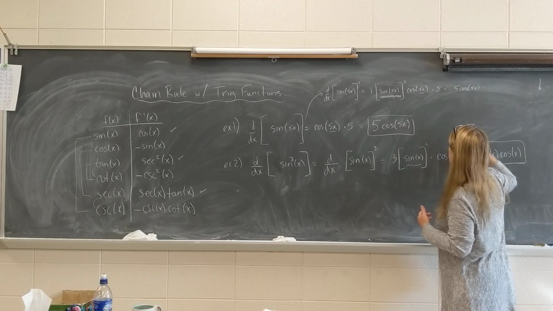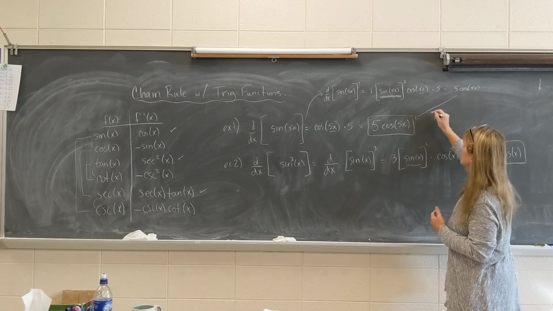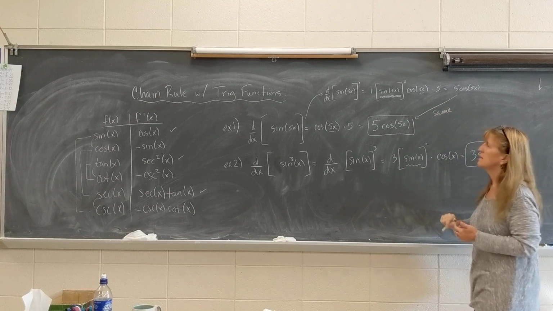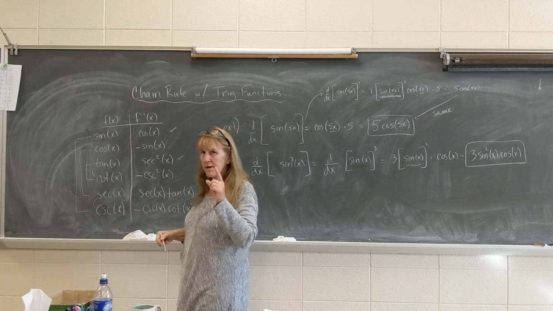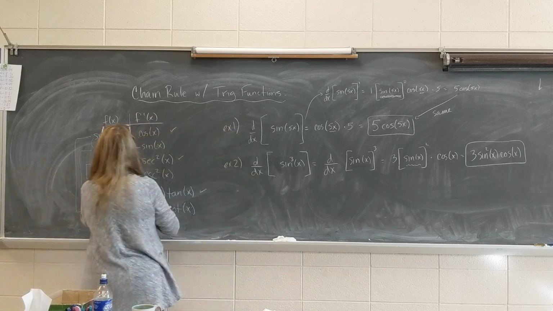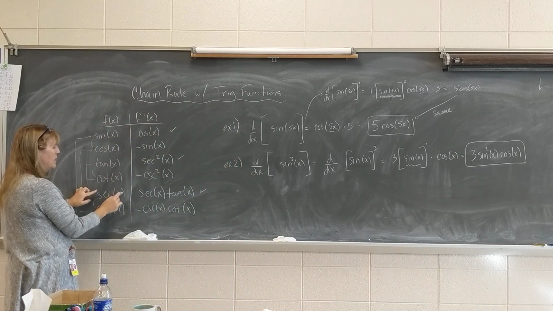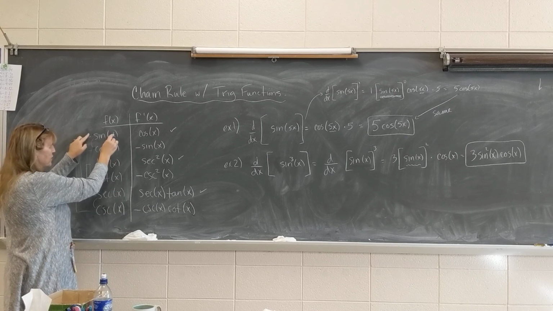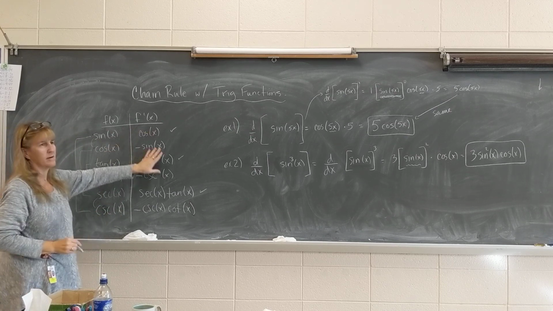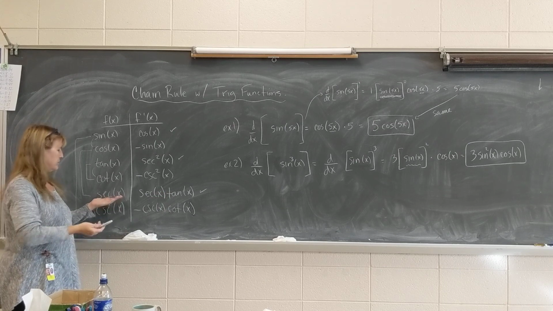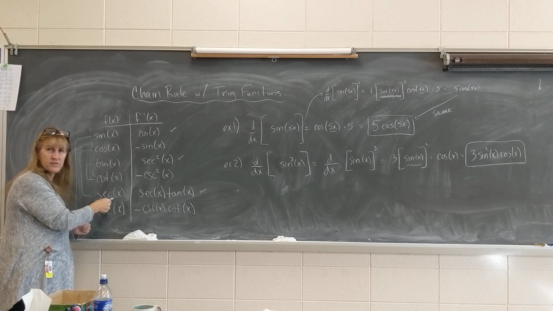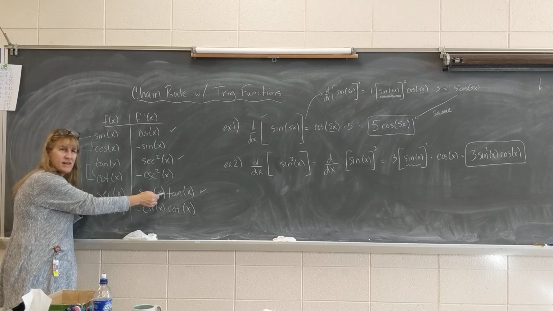You see I got the same thing? Wasn't it just easier to do this straight? So if you only have one of these trig functions, just to the exponent of a 1, then this trig function is pretty much going to disappear in the answer. Now, the exception to that would be the secant function, because the derivative of secant is secant tan.